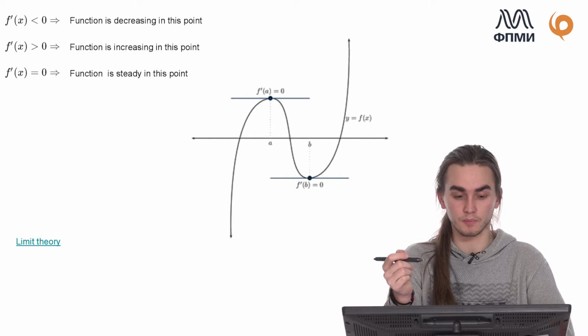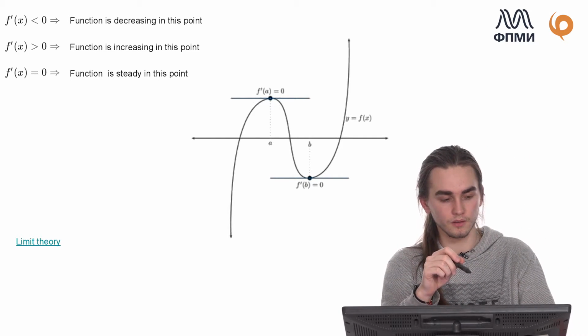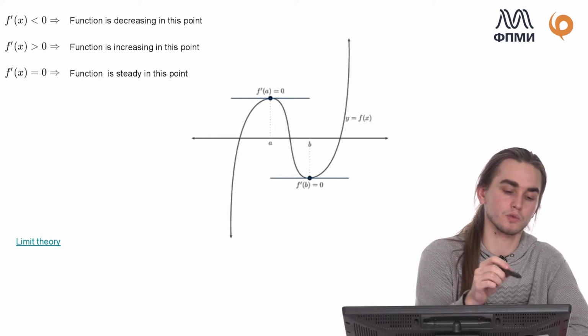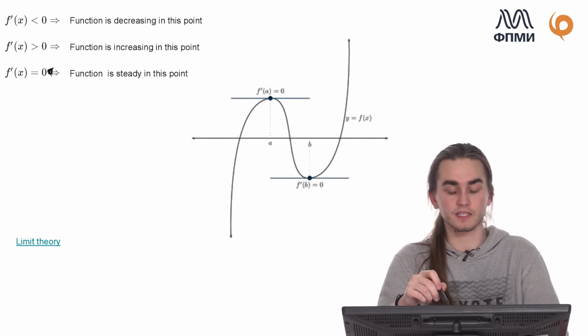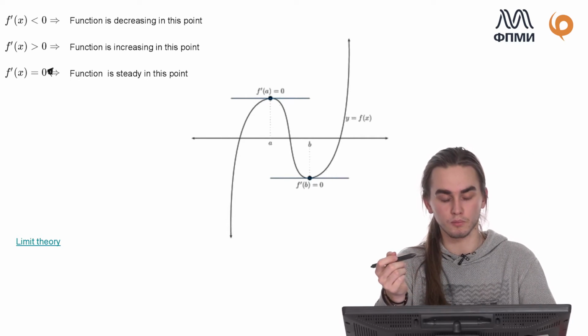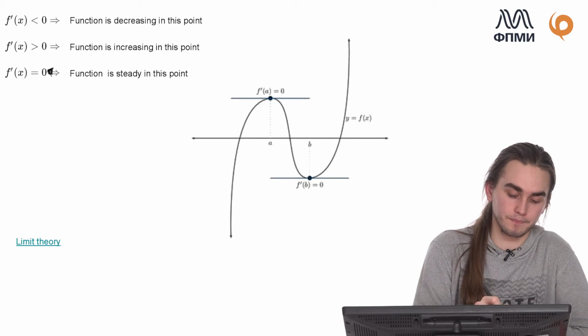And actually it's a tricky part, because if f prime x equals 0, by definition it is a steady point, not a minimum or maximum. And here is why.